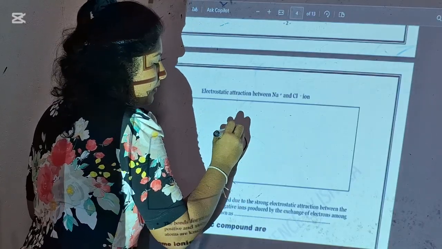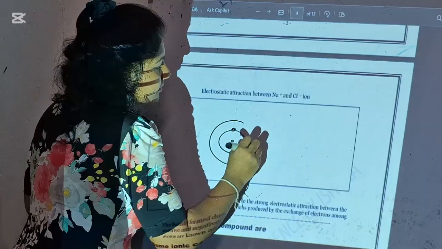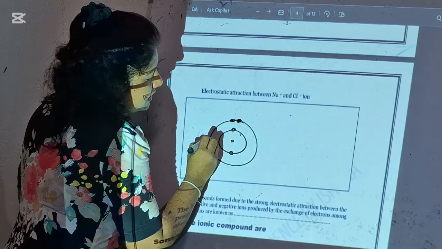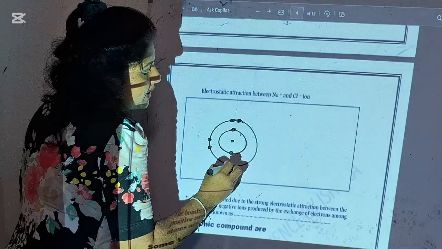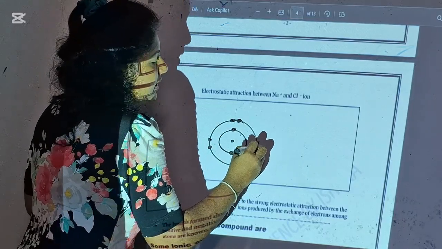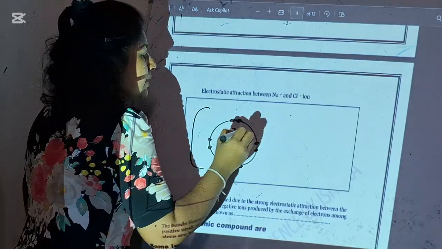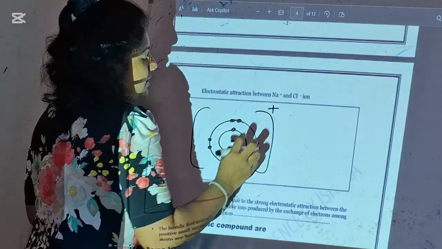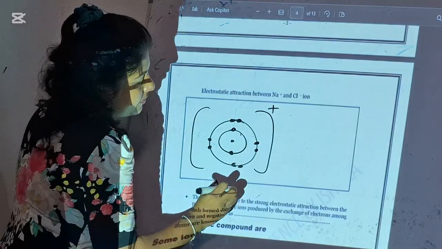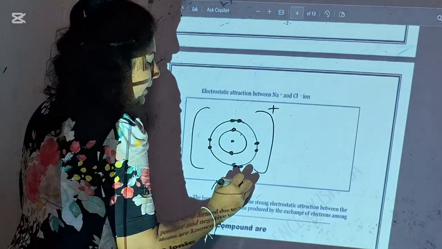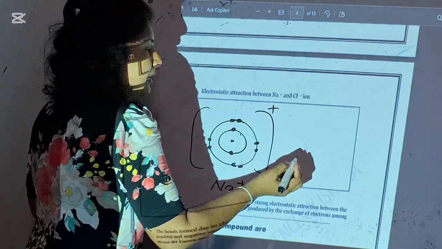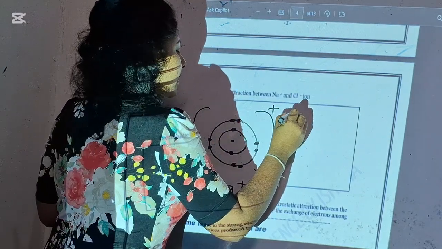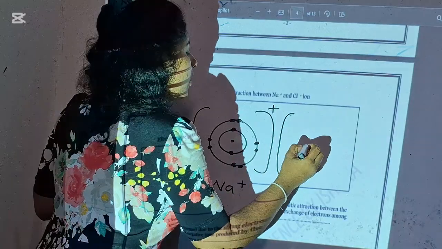This is sodium plus. It only has first shell 2 electrons, second shell 8 electrons. It becomes plus. This is sodium plus actually. Then there is another one, that is chloride.